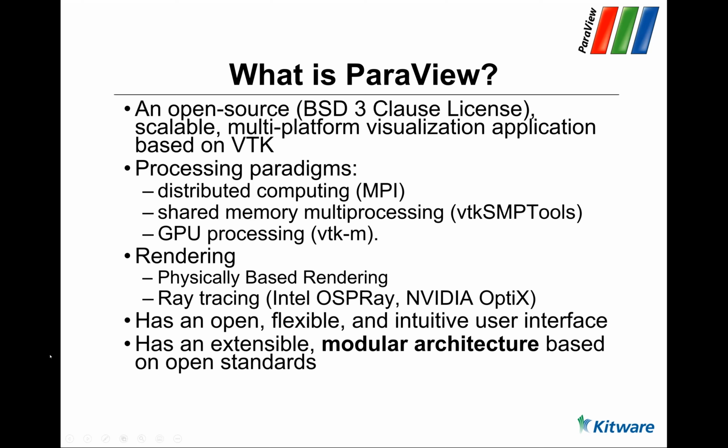It also supports GPU processing using VTK-M. This is a separate library that implements a lot of the same visualization algorithms that VTK supports, but it is focused on GPU processing and also shared memory SMP as well. But it's a larger library, so we use both SMP tools and VTK-M.